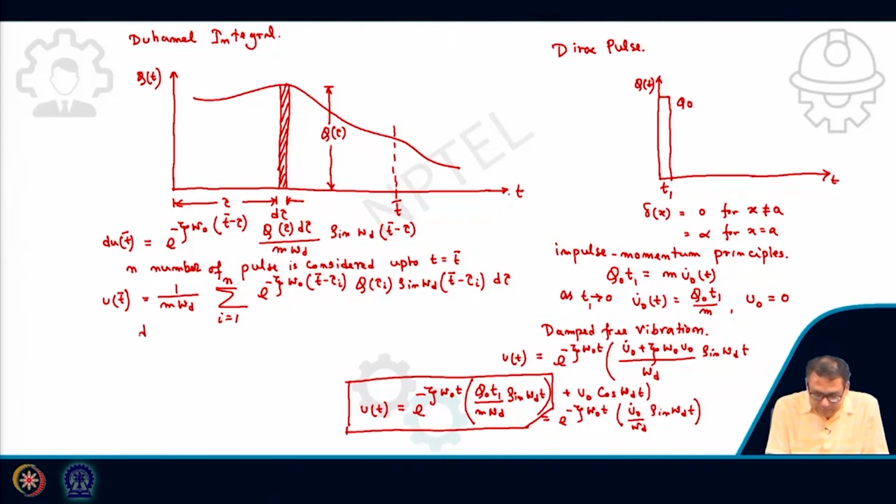Now as d tau tends to 0, because d tau is very small, here also t1 is very small, so d tau tends to 0. Now this summation will become integration.